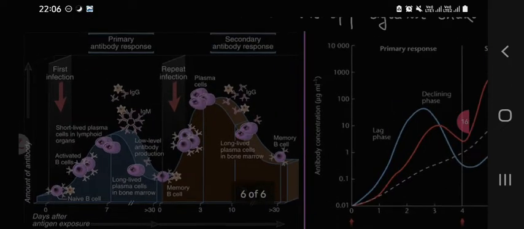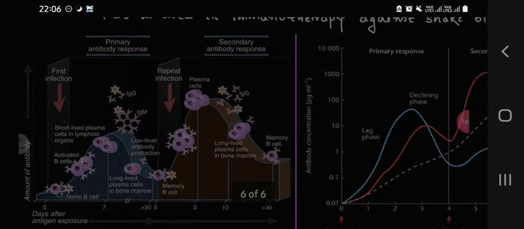Here you can see the graph: secondary antibody response, repeat infection, plasma cells and amount of antibodies, long-lived plasma cells in bone marrow, memory B cells, and primary antibody response, first infection, short-lived plasma cells in lymphoid organs, activated B cells, IgG, IgM, low-level antibody production.